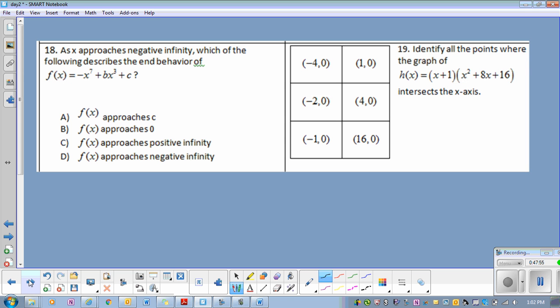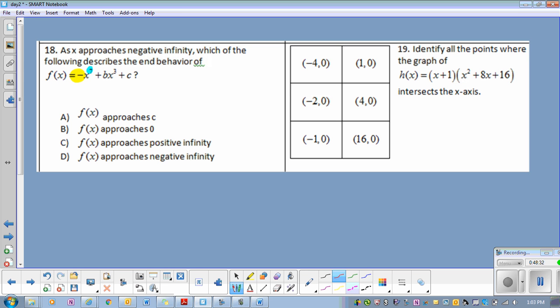All right, so 18. As x approaches negative infinity, which of the following describes the end behavior of this? Guys, this was another thing that we looked at when we looked at polynomials. One of the characteristics of polynomials is that you can look at the leading coefficient and your degree to figure out what the graph is going to do.